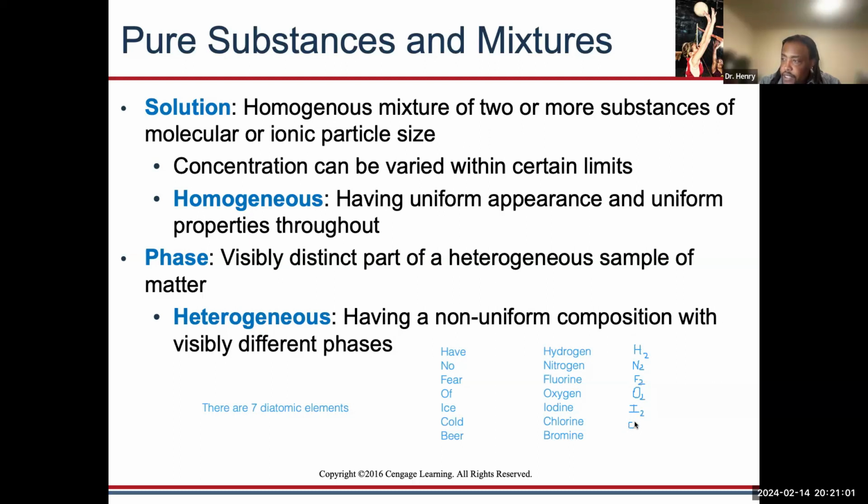Chlorine is Cl2. And bromine is Br2. Okay, so those are your 7 diatomic elements. The reason they're called elements is because they're all the same, right? And they're diatomic because you have two of them that are there. Okay. Any questions on that? Any questions on homogeneous and heterogeneous? Okay.